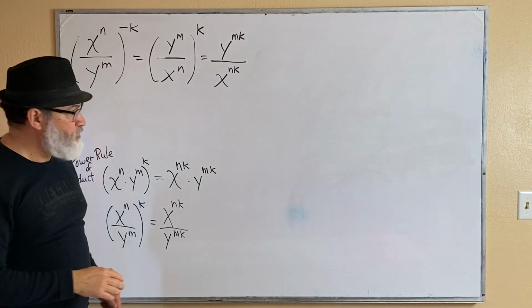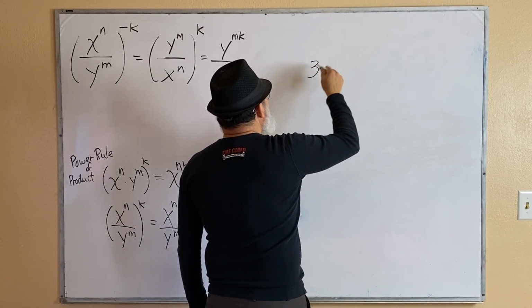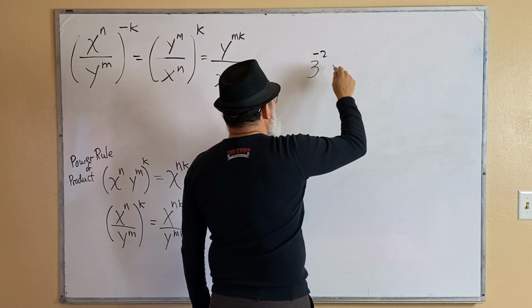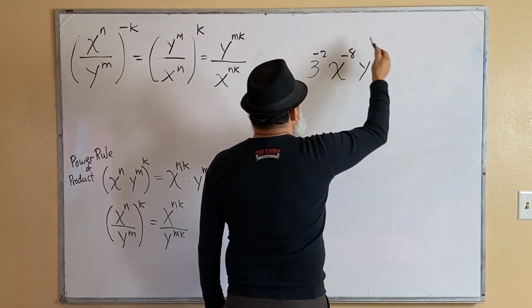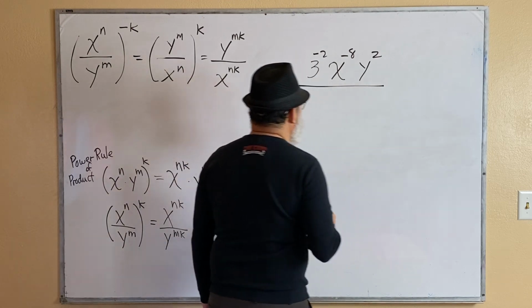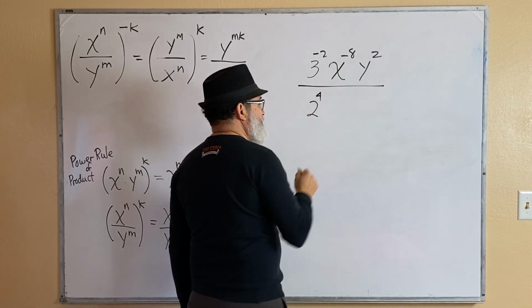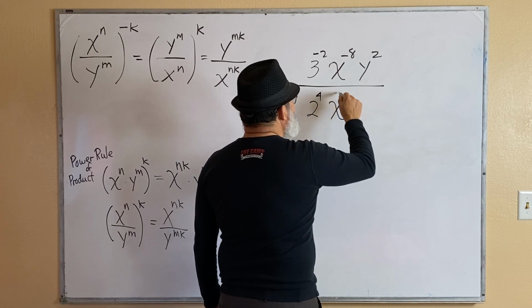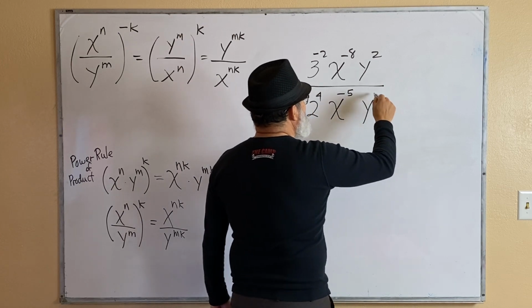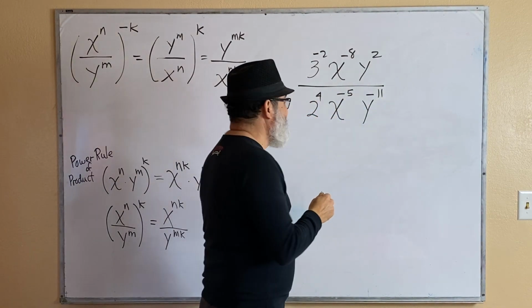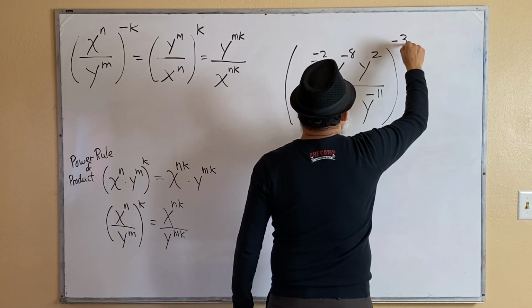All right. Example. Here we go. 3 to the negative 2, x to the negative 8, y to the second, divided by 2 to the fourth, x to the negative 5, y to the negative 11, and this is raised to the negative 3.